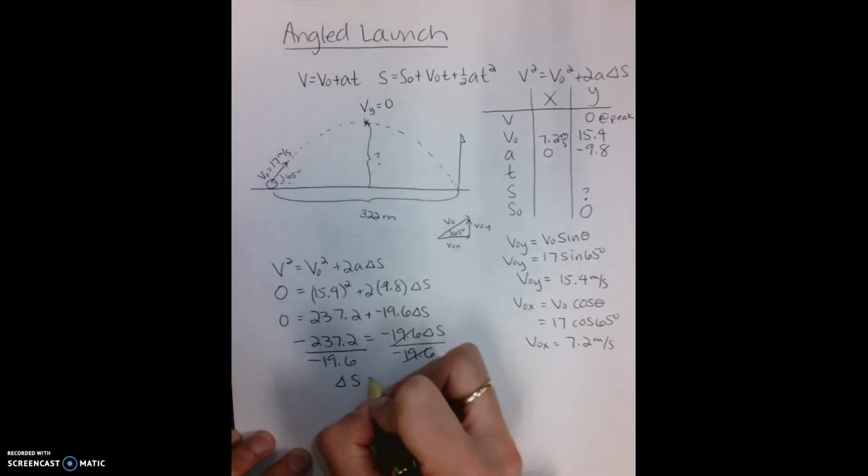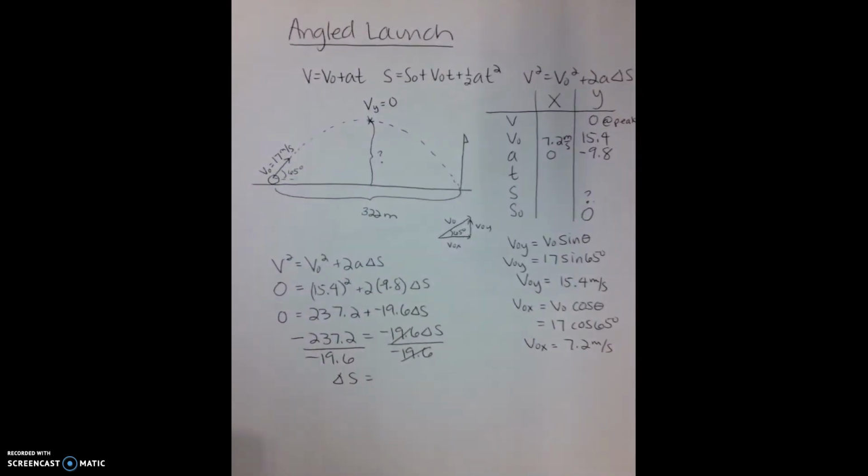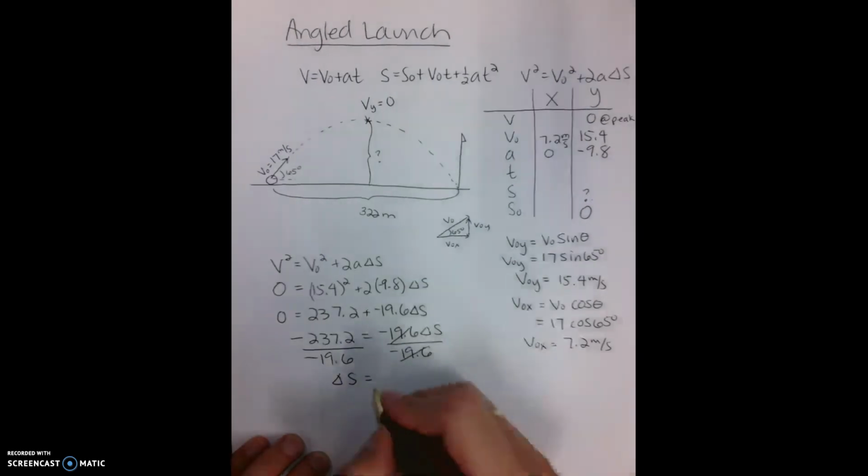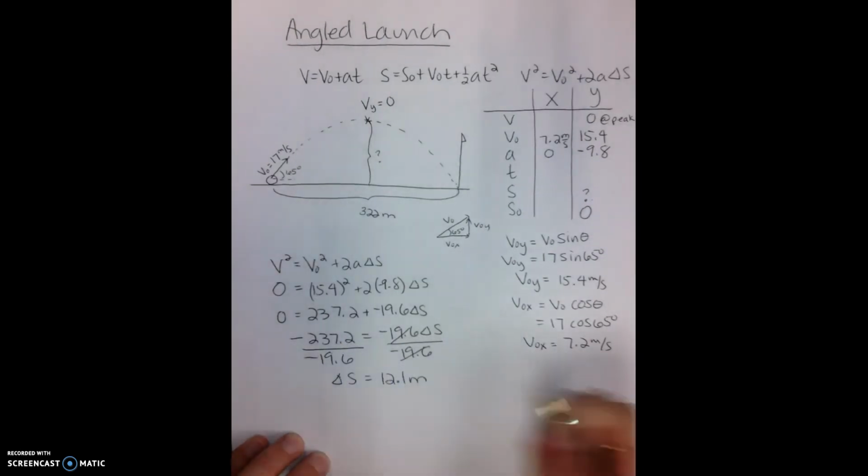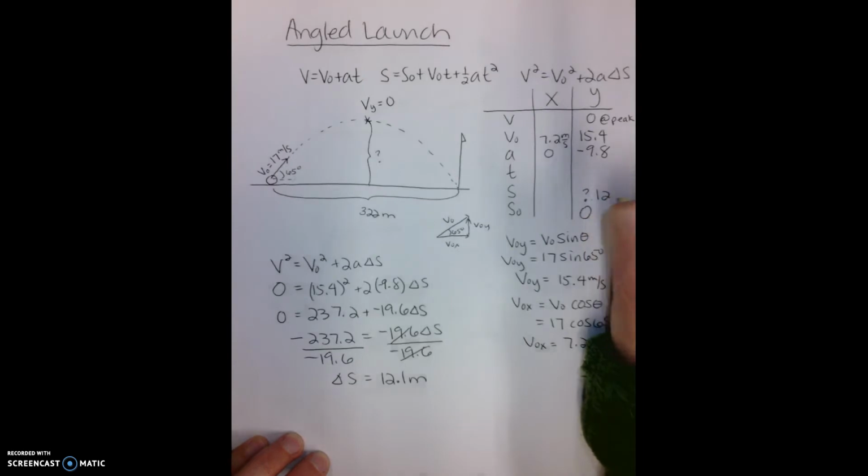So delta S is equal to 12.1 meters. That's how high it went before it fell back down.